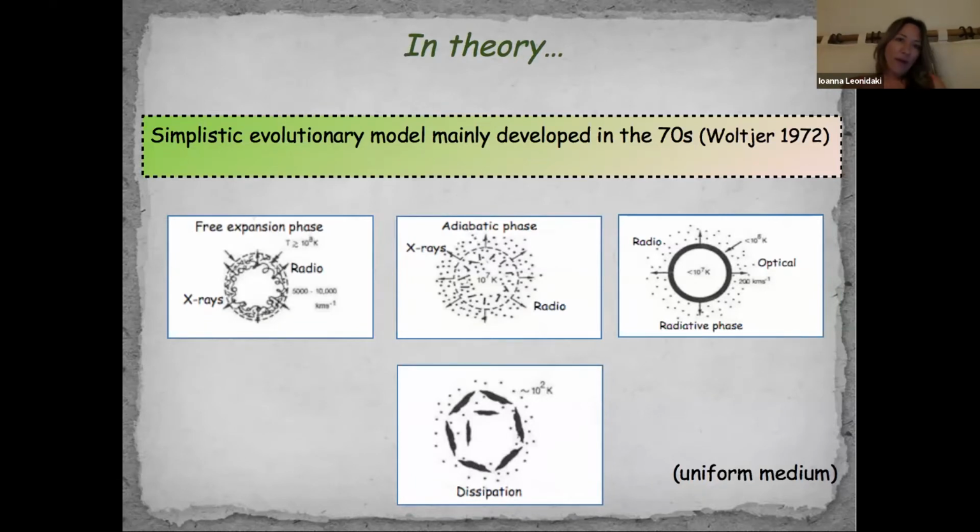In theory, the basic evolutionary model that has been developed for SNRs was done in the early 70s by Walter, and it consists of 4 phases. The first phase, the pre-expansion phase, starts when the supernova explodes, and then you have the ejecta moving into the interstellar medium with supersonic velocities of thousands of kilometers per second.